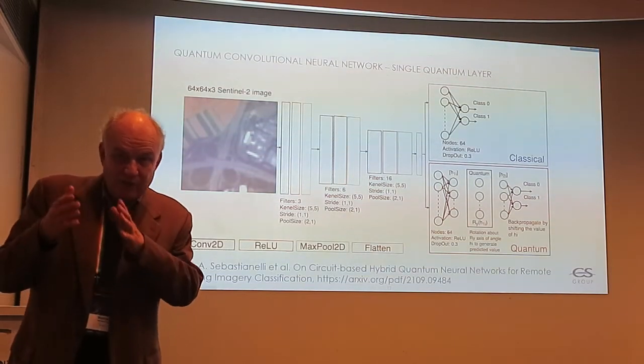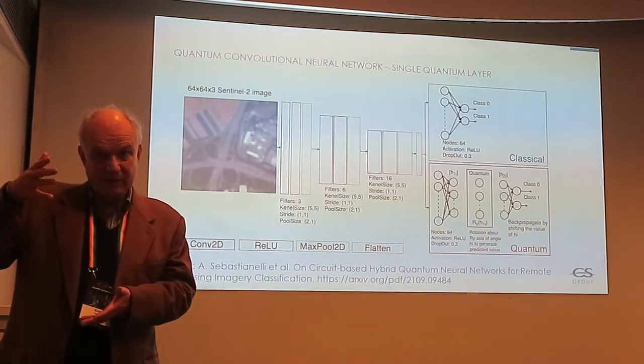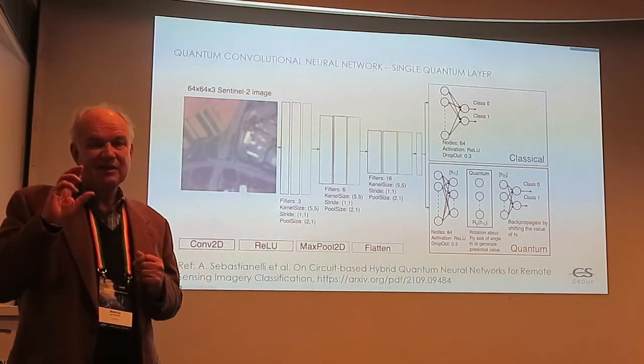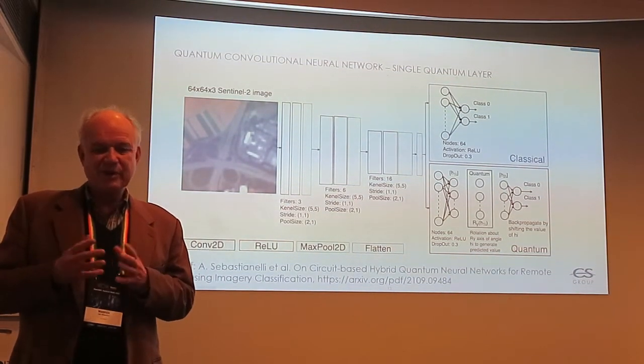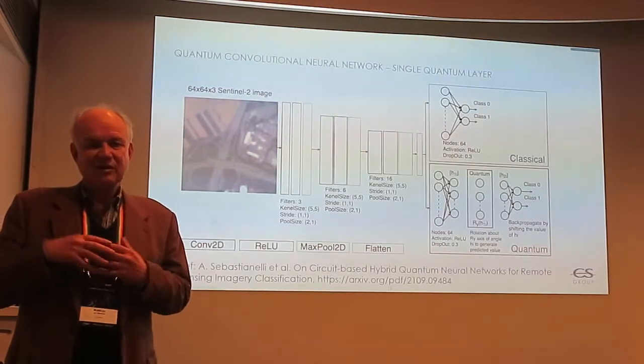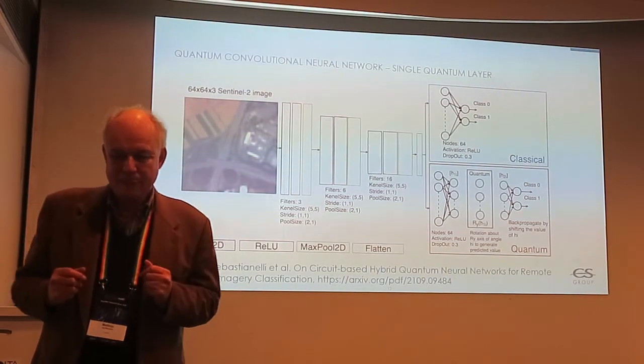So this is one way of putting in a layer. You can also make more complicated layers, but just to explain, it is a parameterized layer, and the parameter is the operation that you put on the qubit.